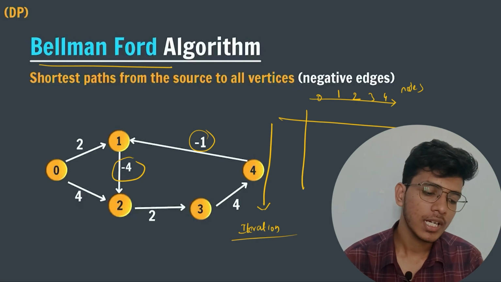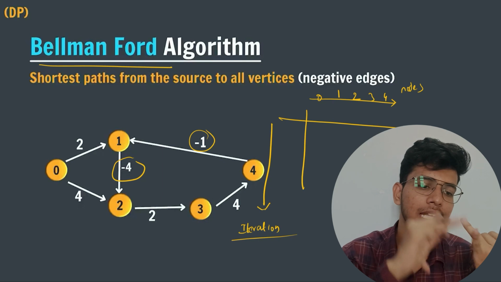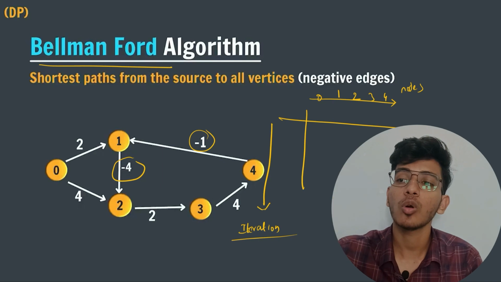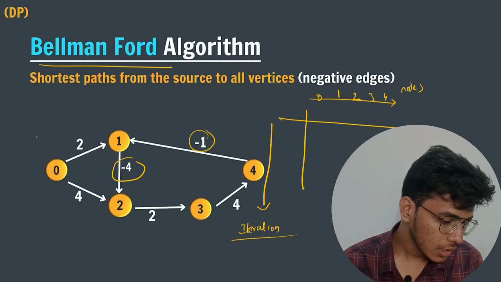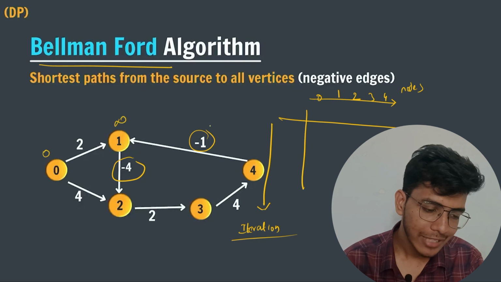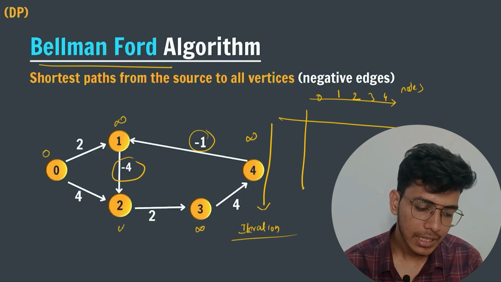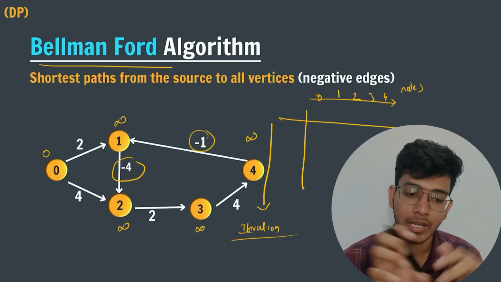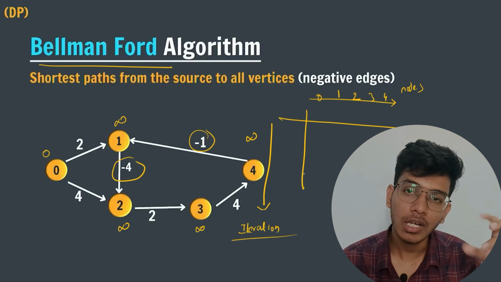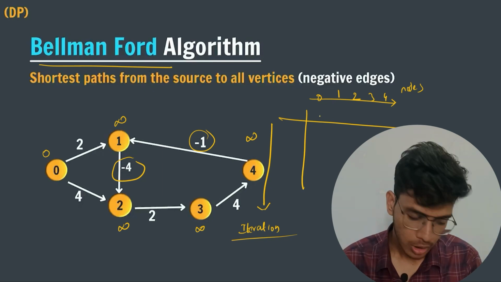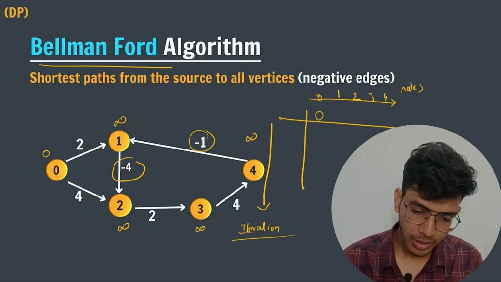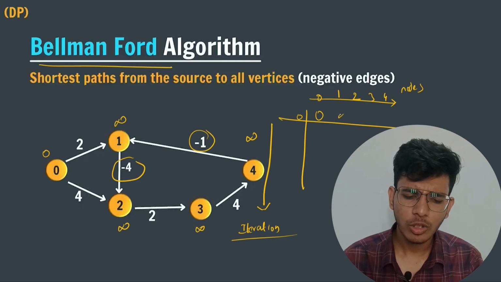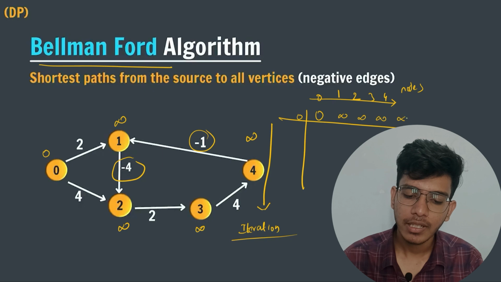So I will follow the same approach as initially: except for the source node, I will assign the distances of all the nodes as infinity. So here the distances will become 0, infinity, infinity, infinity, infinity, and at each and every iteration I will store the distances in the boxes. So from 0 to 0 the distance is 0, and from 0 to 1 initially at the 0th iteration the value is infinity, infinity, infinity, infinity.